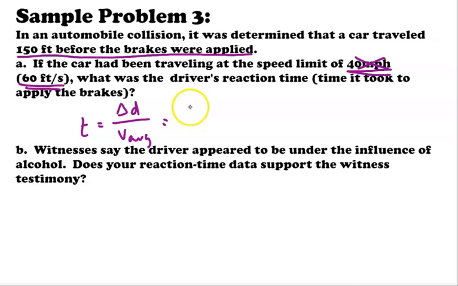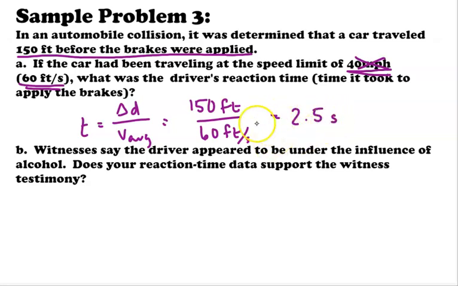We're going to get that to be 150 feet divided by 60 feet per second. If you do 150 divided by 60, you get 2.5 seconds.